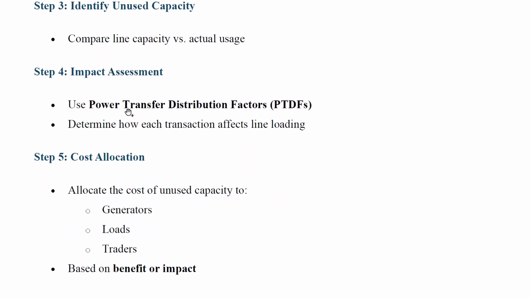Use the power transfer distribution factors, also called PTDFs. This factor is used to calculate the impact assessment. Determine how each transaction affects line loading. That also we are calculating.